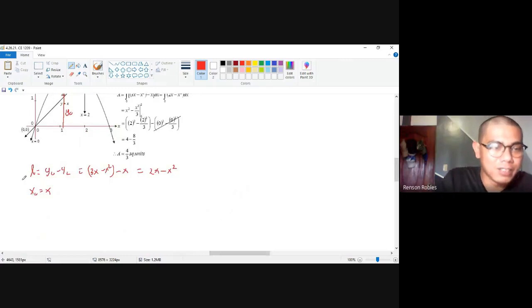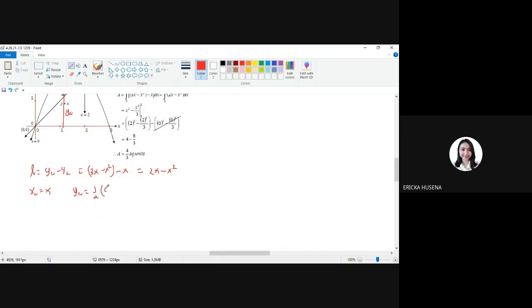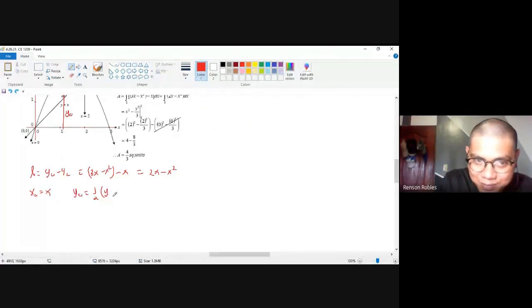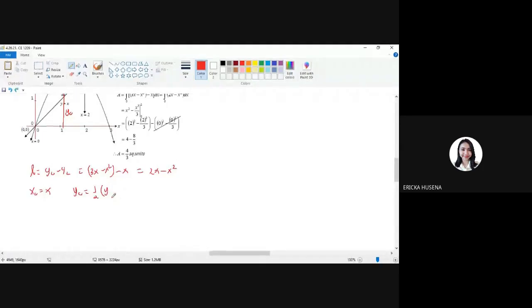Right. And then we now have xc. xc is x. Then yc, one half of 2x minus x squared. Go. Y upper minus y lower? Y upper, minus y lower. Again. Plus. Plus po.